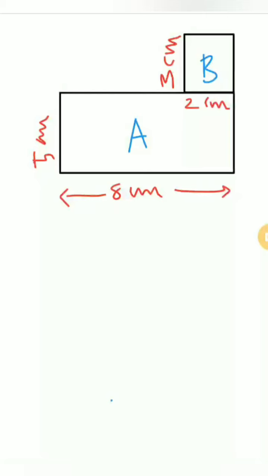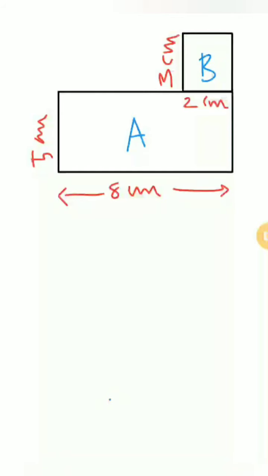And we have already given the measurement of each rectangle. So first of all, we need to find out the areas of both the rectangles. Then we can easily find out the area of this figure by adding those areas.